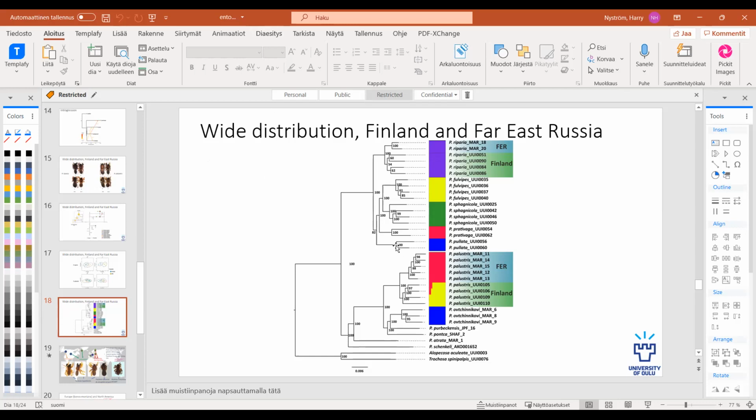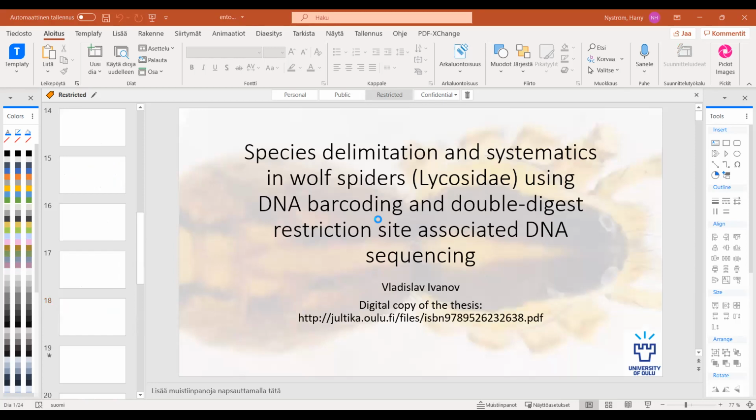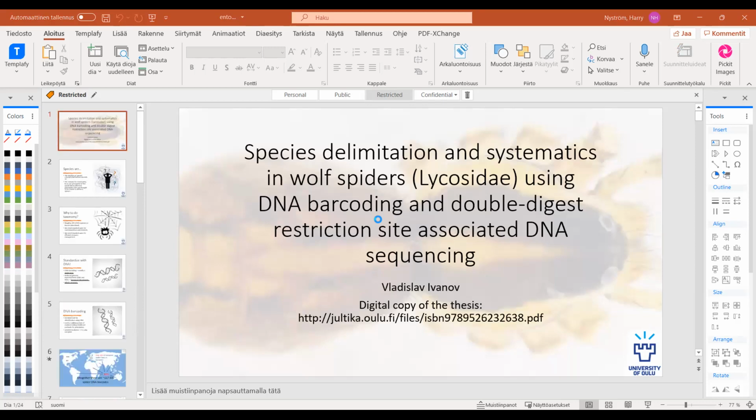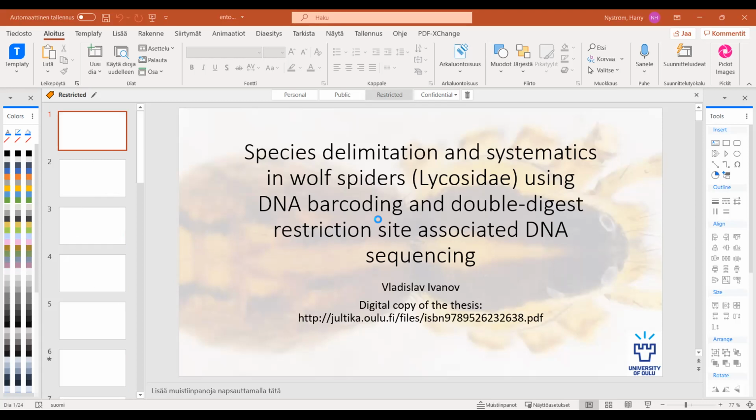Now I see the first slide. Go to the next one. Not yet. Go to the presentation mode first and then select what you share.